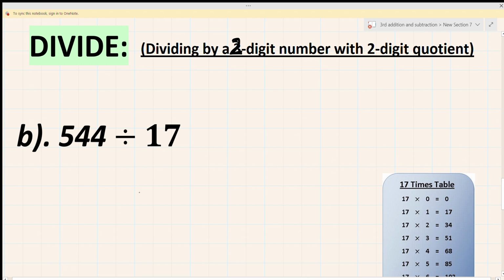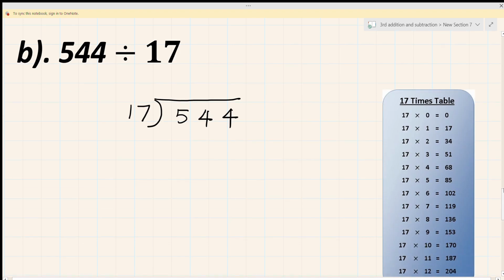First we have to arrange the numbers. 544 inside the division bar and 17, the divisor, we should write outside the division bar. So 17 is the divisor, so we have to use the 17th table.